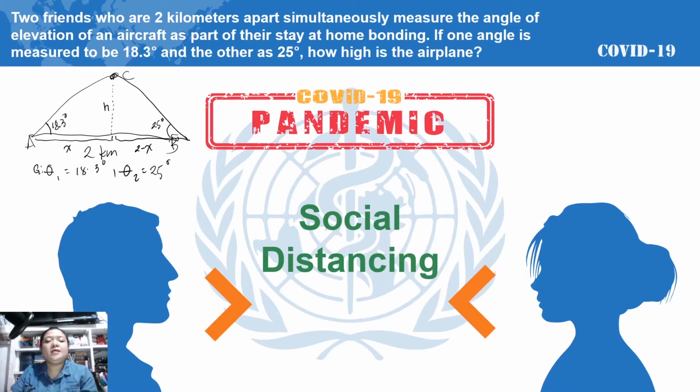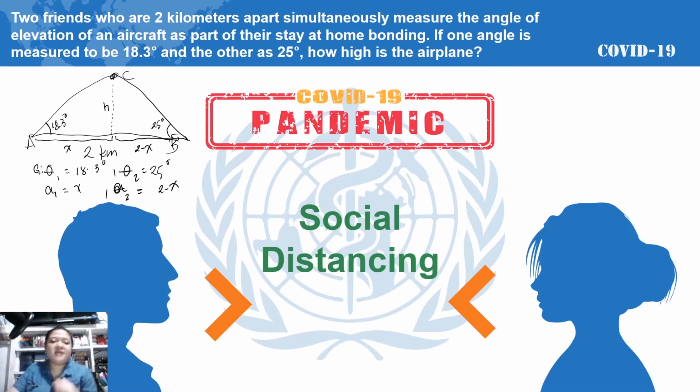Okay, so pwede nating ilagdag sa ating mga given ang ating mga bagong sides. So, kay friend A, na ang angle of elevation ay 18.3 degrees, ang distance niya mula dun sa pwesto ng aircraft ay x. At kay friend B naman, ang distance niya mula sa aircraft ay 2 minus x.